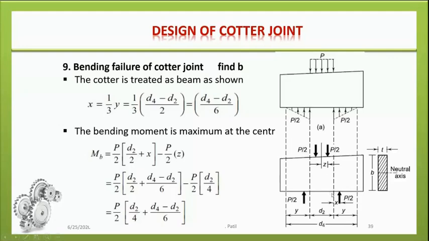Now, in consideration of P over here, let us say P by 2 is acting over here, taking two parts from this one. P by 2 is acting over here and P by 2 is acting over here. And the value of z, what is the value of z? Can anyone tell me?